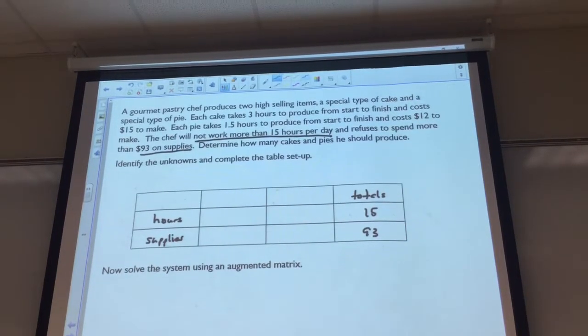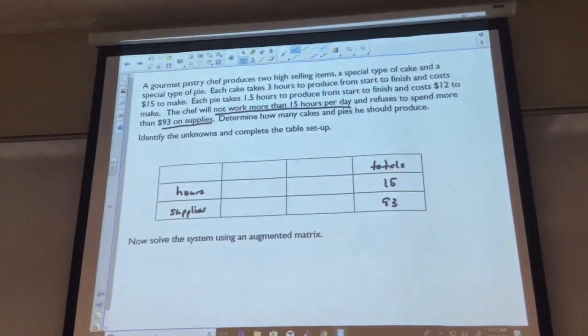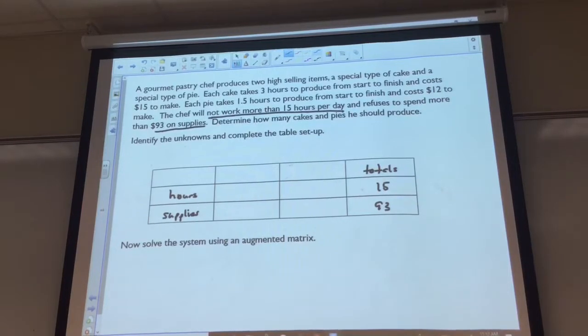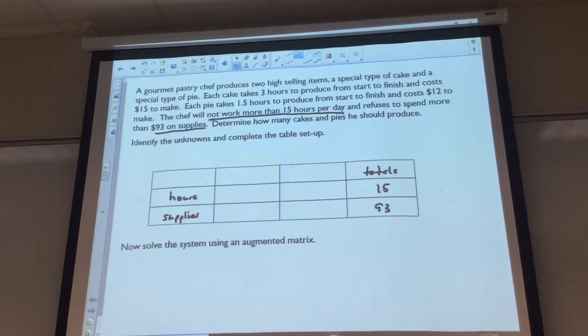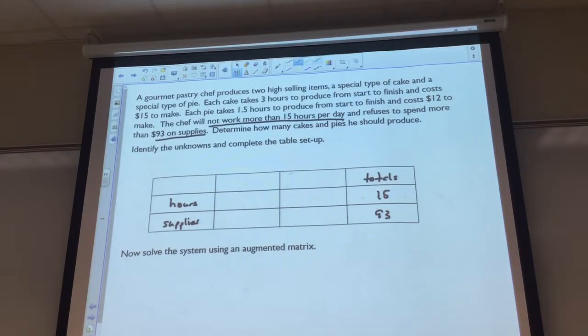Okay, so those are the characteristics of hours and supplies. But those 15 hours are split up over what? Those total 15 hours are split up in making what? Cakes and pies.